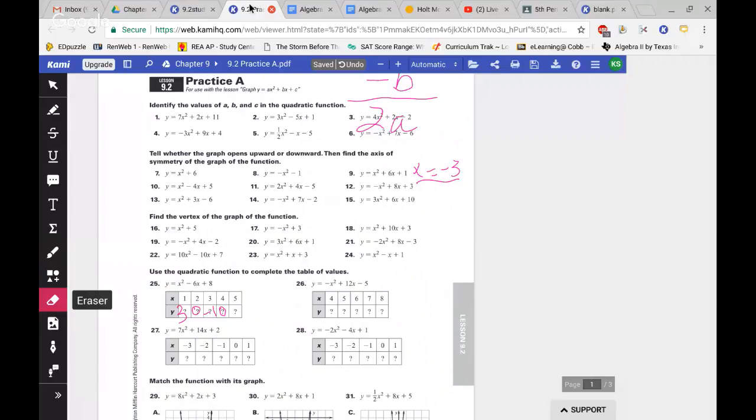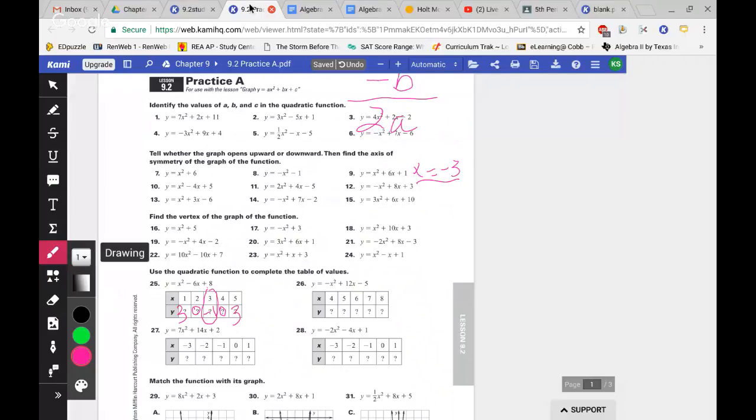So this is the vertex. That's what they're trying to get you to do, is to figure that out. That's going to be the vertex, and this is going to be 3, because those points are going to mirror each other. And so then you would, on 26, just plug that in.